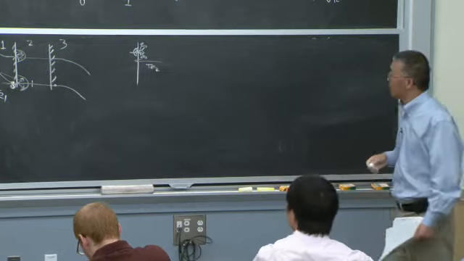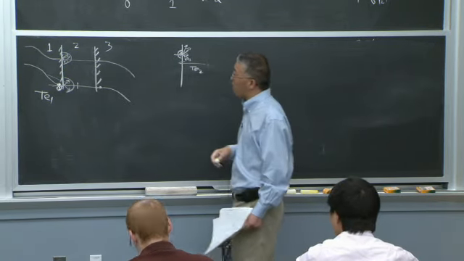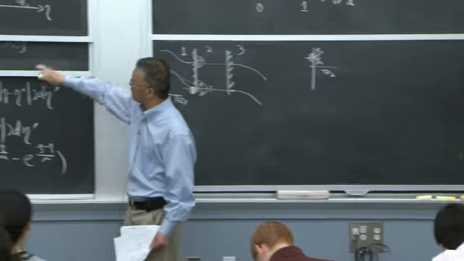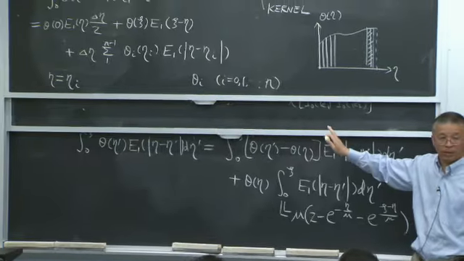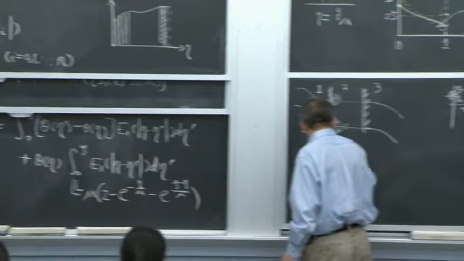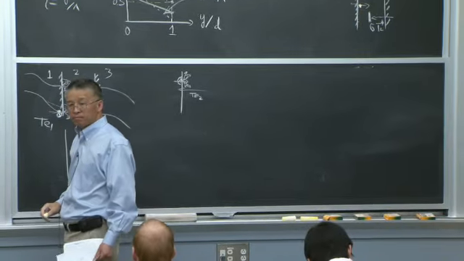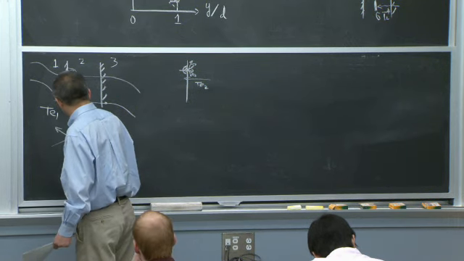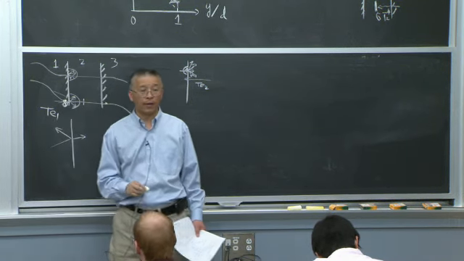Okay? However, the other solution, again, you can go back and rederive everything. That is when your surface is not black, when your surface has a finite transmission and reflection, right?